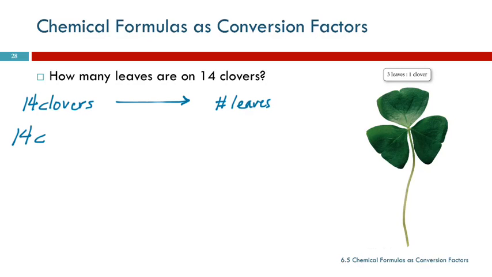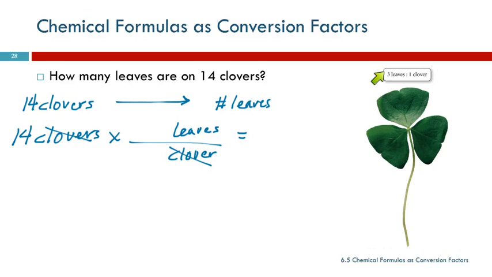So 14 clovers, 1 fraction. So clovers to leaves, clovers to leaves. And I want clover to go away, so I put that in the denominator, so those cancel out. And then I get this relationship from my knowledge of what a clover looks like. 3 leaves per each clover.